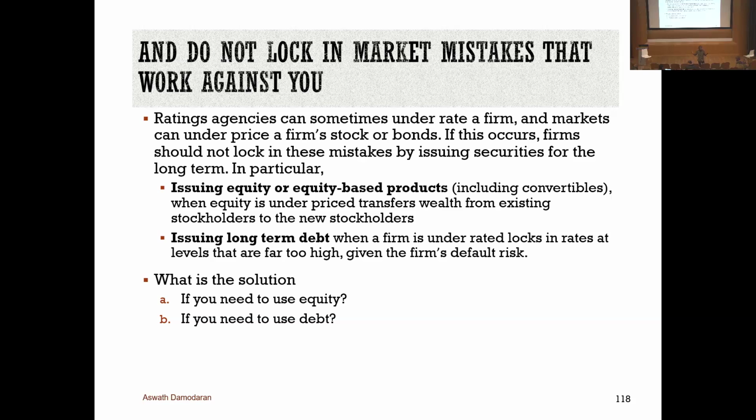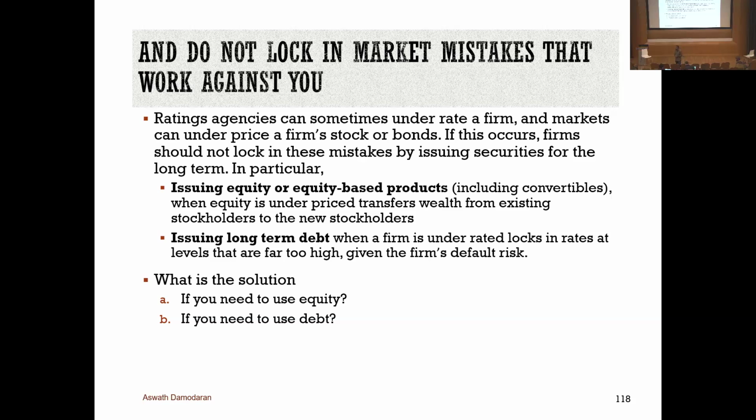For some companies, it might be, but let's say you as a company believe you're being underrated. You know what I mean by underrated, right? You should really be single A, but the ratings agency is giving you a triple B rating. And let's say the right kind of debt for you is a long-term fixed rate bond. You don't want to issue that long-term fixed rate bond today because that bond will be priced as if you're a triple B rated company and you believe you deserve an A plus rating.